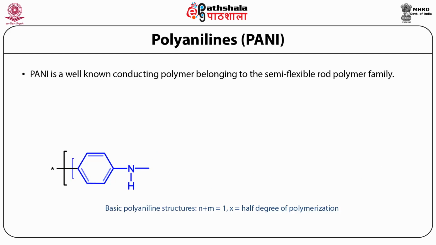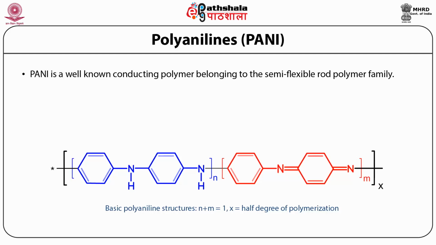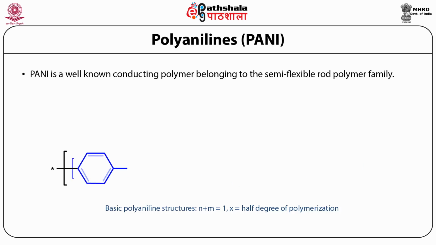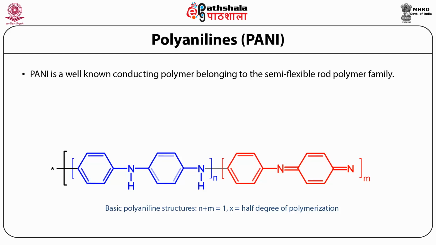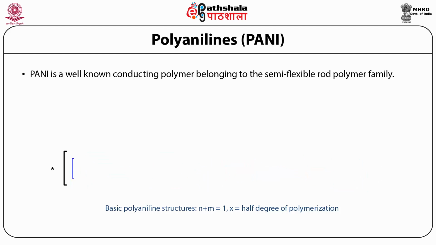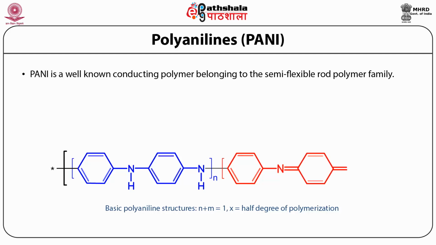The further work on Pani remained nearly absent until about the 1960s, when it was reported that Pani becomes substantially electrically conducting when exposed to protonic acid in its stable half oxidized or half reduced form, commonly known as emeraldine base.